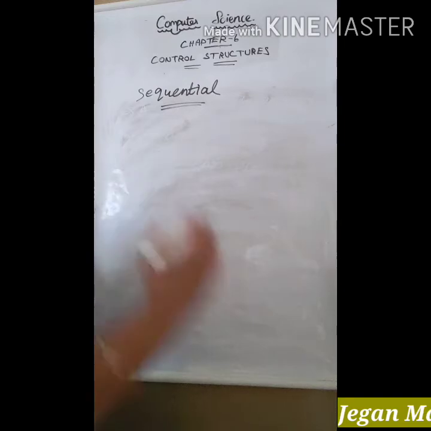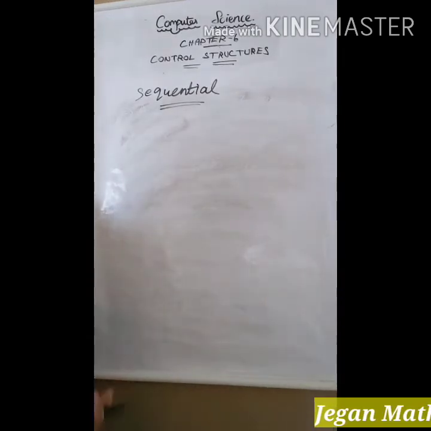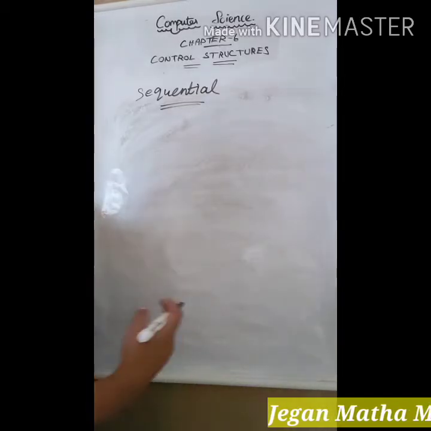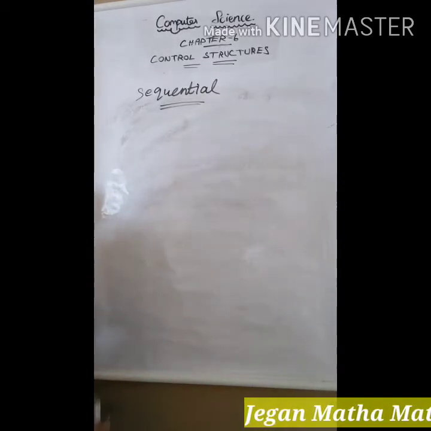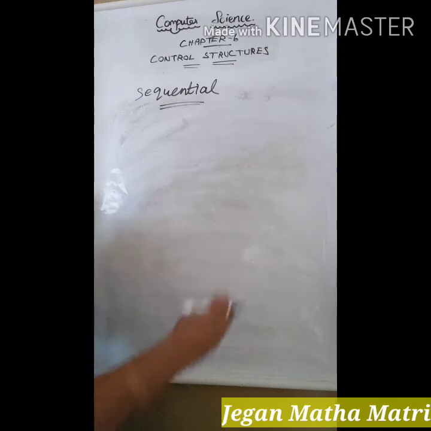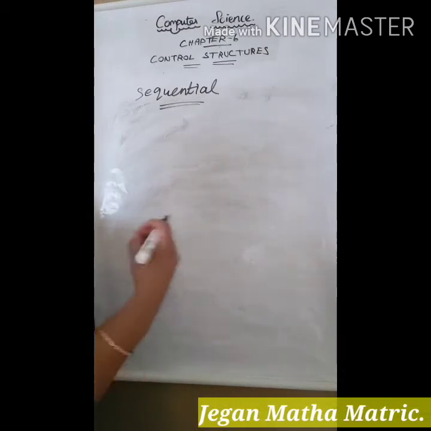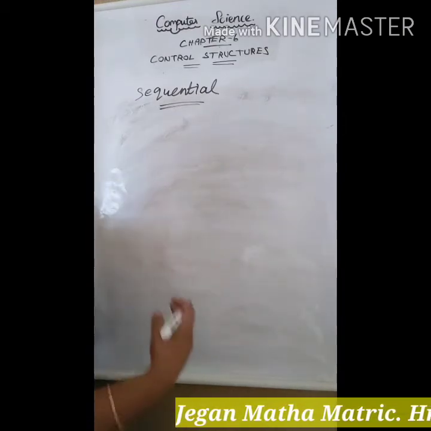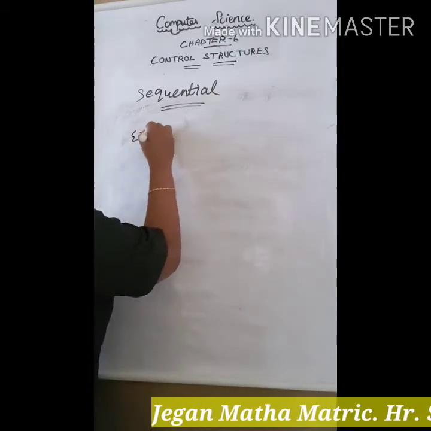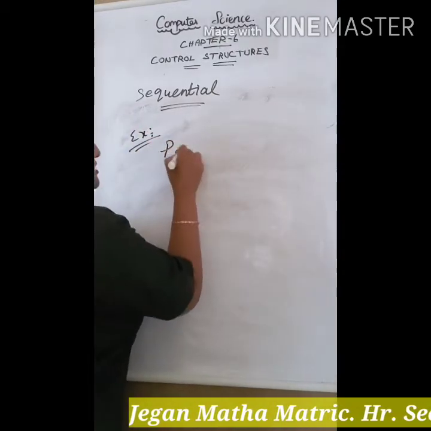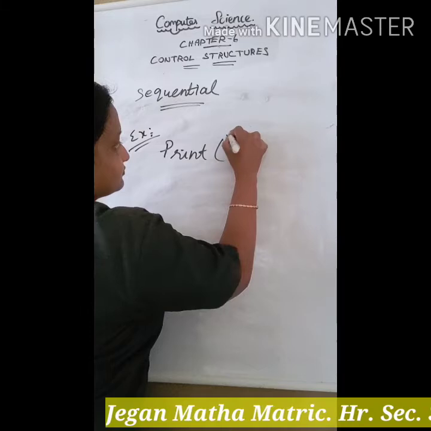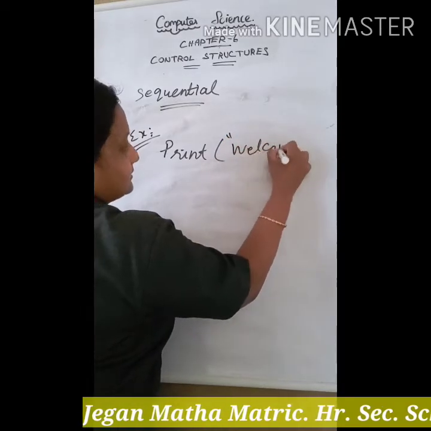Sequential means it executes statements one after another. So it prints the values one after another. For example, code to print a name, marks or a welcome message. For example, print welcome.